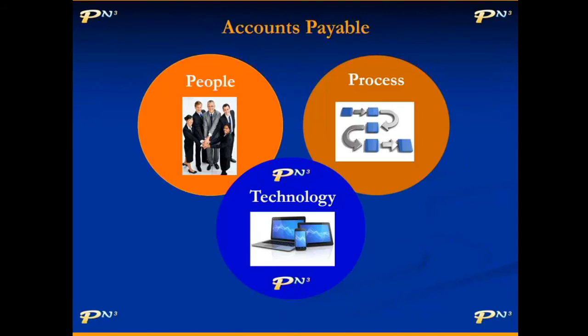But we say that we introduce PN3 technology to your process to primarily solve three objectives. One, we want to give you a tool that's easy to use. It's not always easy to go from a paper-based process to an electronic process and have it go smoothly, and one of the keys to that is the tool has to be easy to use.